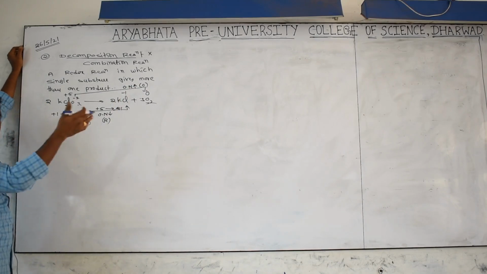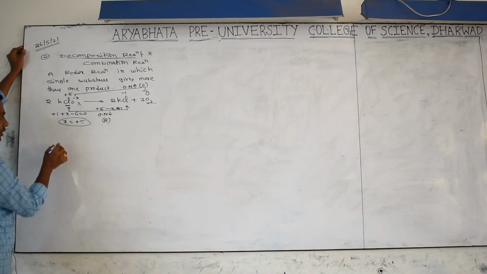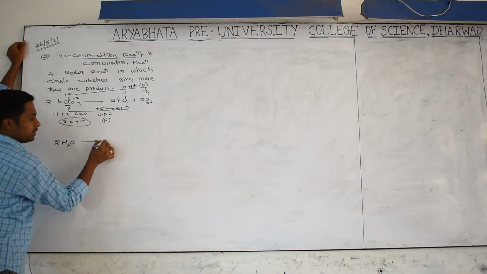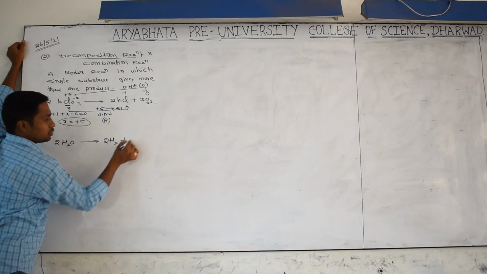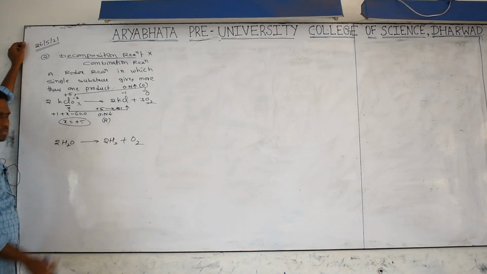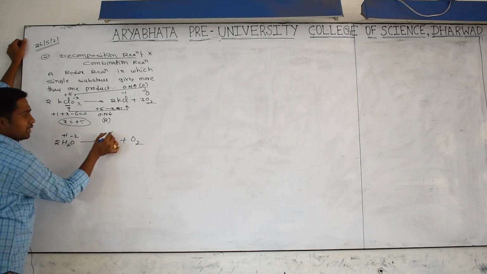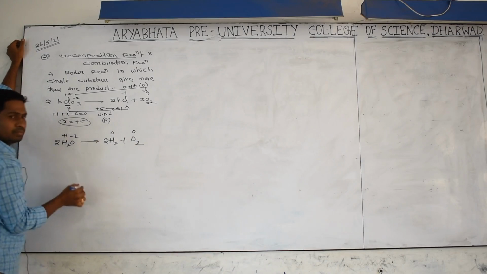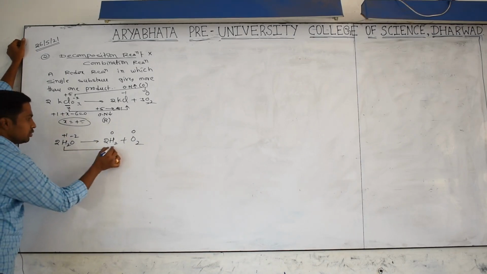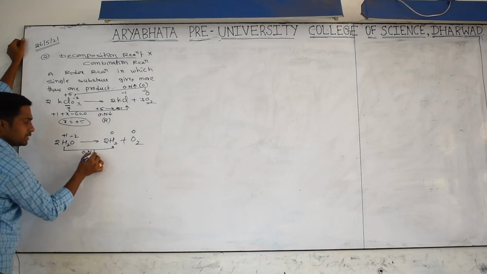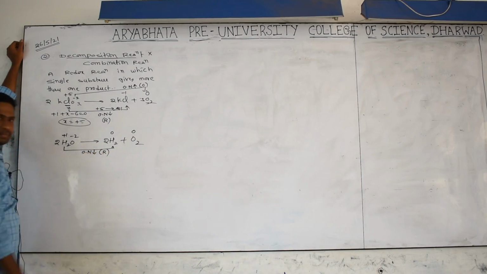I will tell you one more example, the reverse of the formation of water. Decomposition of water becomes 2H2 plus O2. Check it here. Hydrogen +1, oxygen -2. Hydrogen 0, oxygen 0. Now +1 to 0 means the value is decreasing. The oxidation number is decreasing, called reduction.